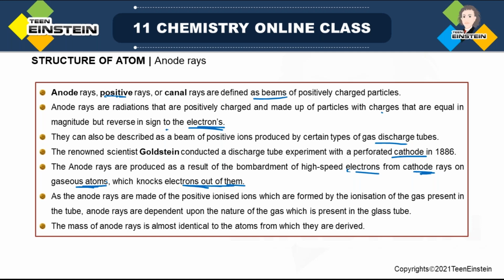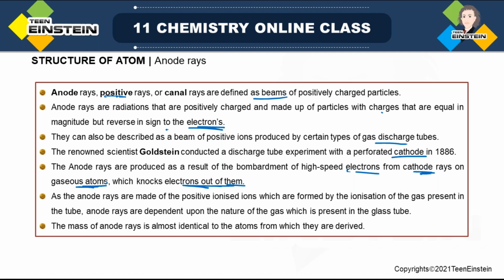Try to understand that. In the previous case, there is a stream of electrons coming and there is some deflection. But now what we are doing is that these gaseous atoms are bombarded with high-speed electrons. High speed is important because we are knocking out the electrons of the gaseous atoms. And after these electrons are removed from these atoms, obviously there will be positively ionized ions.